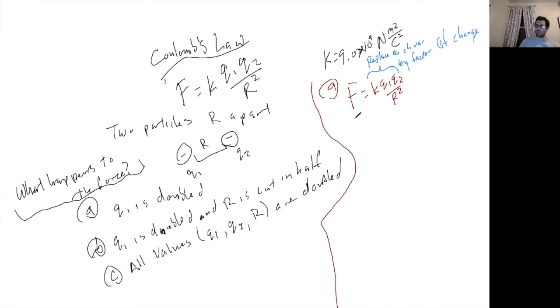The new F is equal to 1 for K times 2 for Q1 times 1 for Q2 over 1 for the R squared, 1 squared. That's 1 times 2 times 1, which is 2 on top, over 1 on the bottom, which is 2. This is the proportionality, the value that we scale by. So we doubled the force.